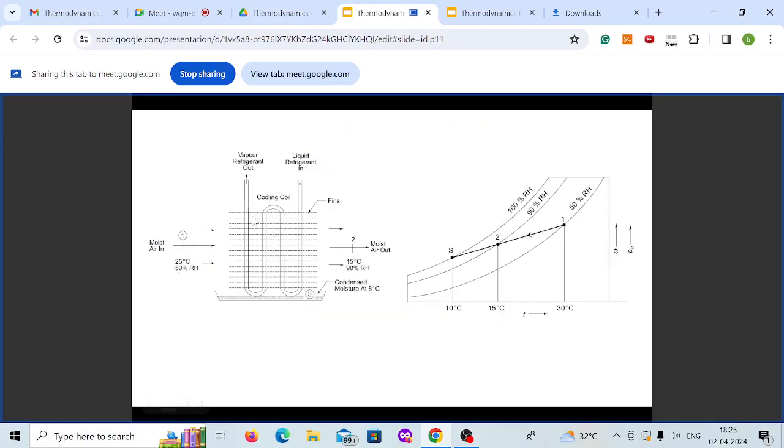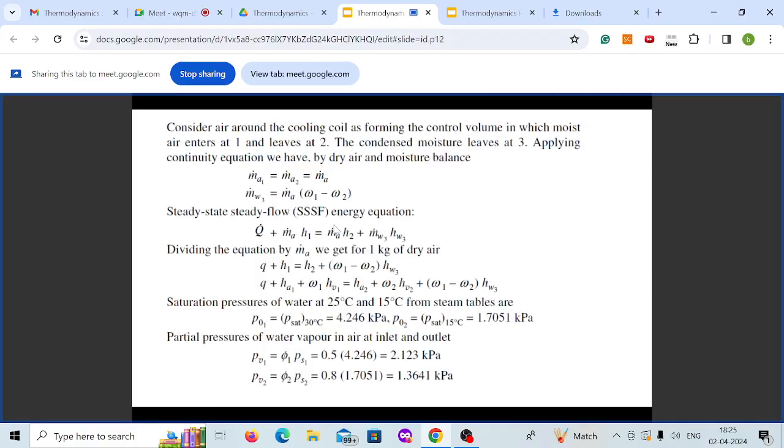So we have cooling capacity Q, the amount of heat we are removing. Q equals exit minus inlet: the exit air and the condensed water minus the inlet air. That's what we have written.